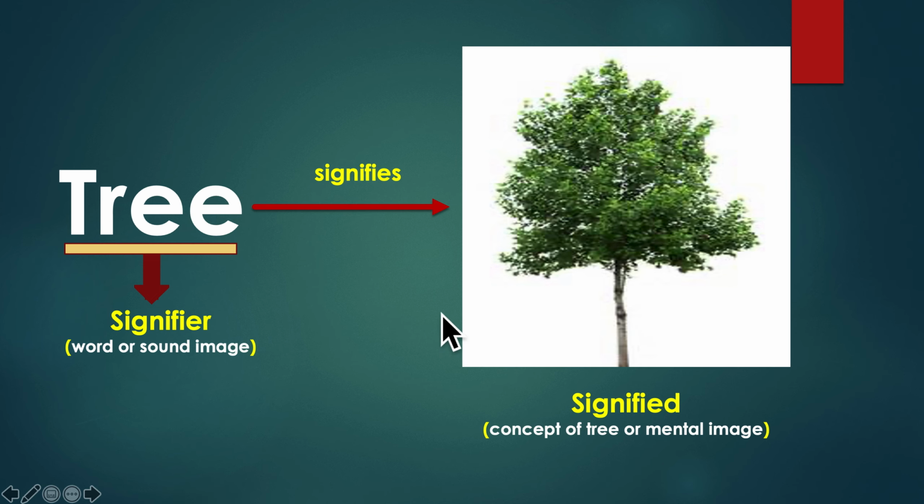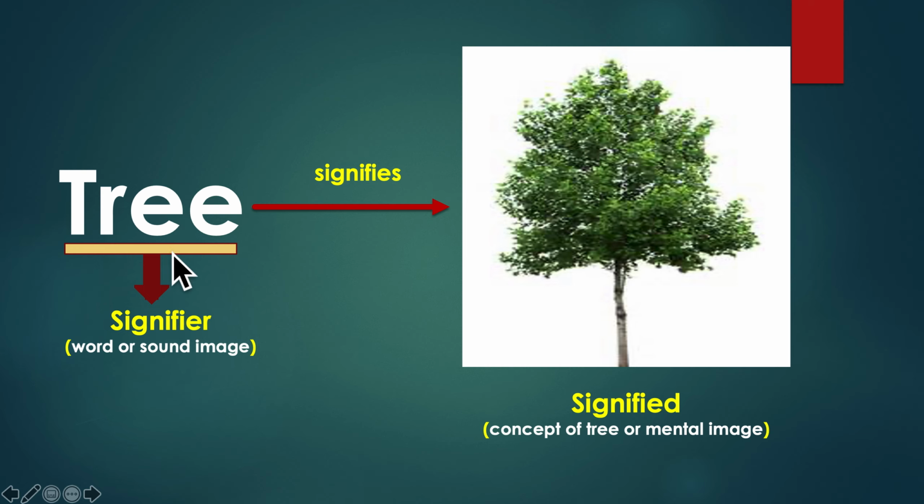Look, this is the signifier, tree. This is the word. This is the sound image. When I say the word tree, what comes to your mind? The sound comes to your mind. The word comes to your mind. You listen to the word, and that is the sound that you listen to.